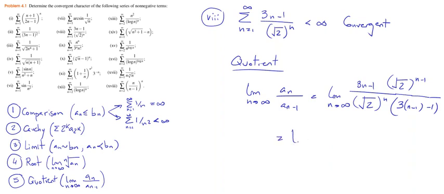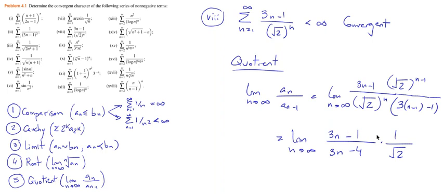So now we have the limit when n goes to infinity of 3n minus 1 divided by 3n minus 3 minus 1, which is minus 4, times the square root of 2 to the n minus 1 divided by the square root of 2 to the n, which gives the square root of 2 in the denominator.